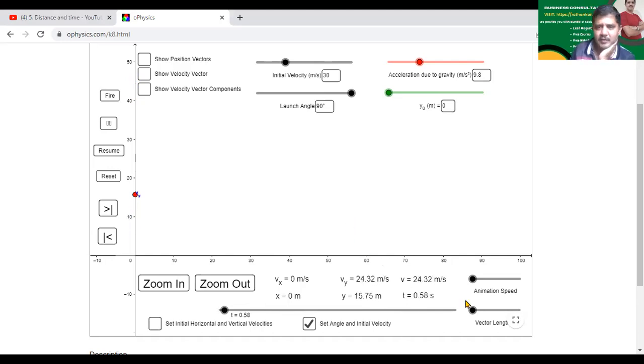I think it's better to increase a little bit of animation speed. Can I do that? No. Because I won't get the correct value, right? 45.8 I got. 45.1, 45.8.